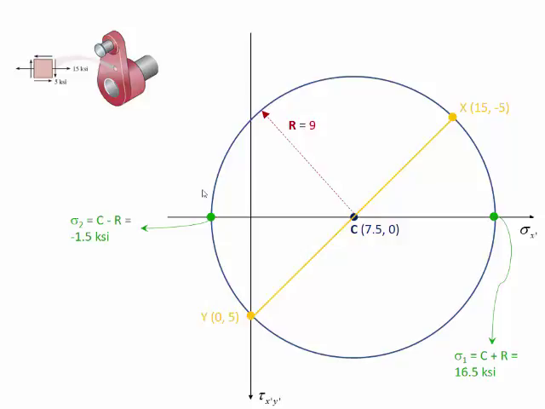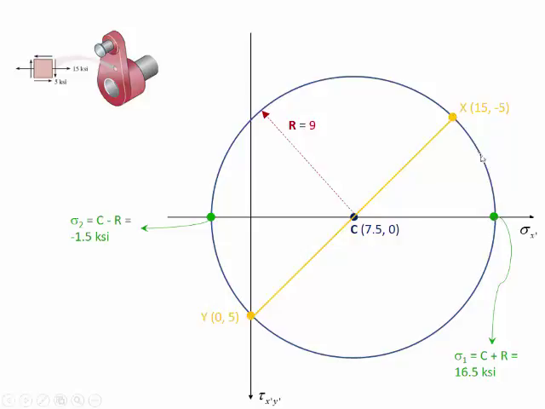You can think of the maximum principal stress as the maximum normal tensile stress, and the minimum principal stress as the highest normal compressive stress. For the orientation of those principal stresses, we start from point X, or basically from the horizontal, and rotate from X until we arrive at the diameter where sigma 1 is.